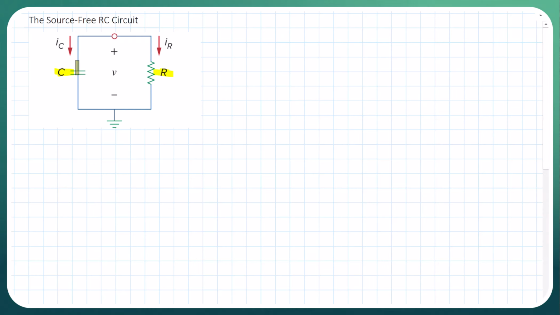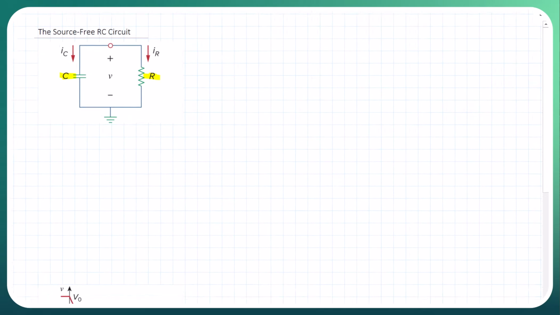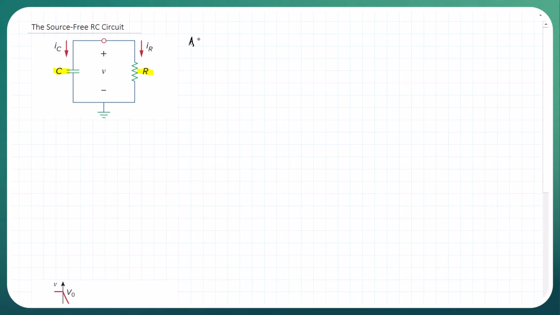So you disconnect the power source, and because the power source was on previously, there is going to be energy stored in the capacitor, and that's going to be released into the resistors. Let's write down this definition. A source-free RC circuit occurs when its DC source is suddenly disconnected.